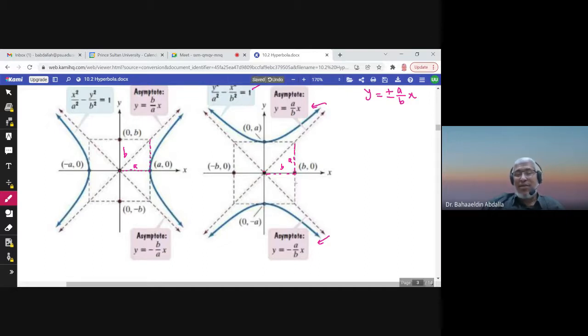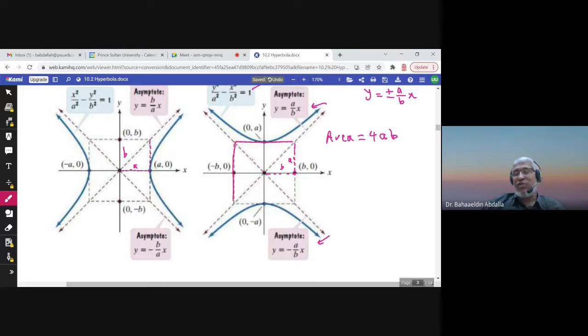the length of this fundamental rectangle is 2a, length or maybe width, 2a, and the width is 2b. So you can talk about the area of this rectangle if you like. The area of this rectangle would be 2a times 2b, so 4ab. This distance is 2b, this is 2b, and this is 2a.